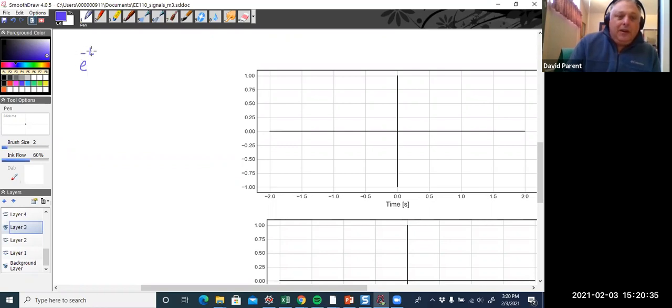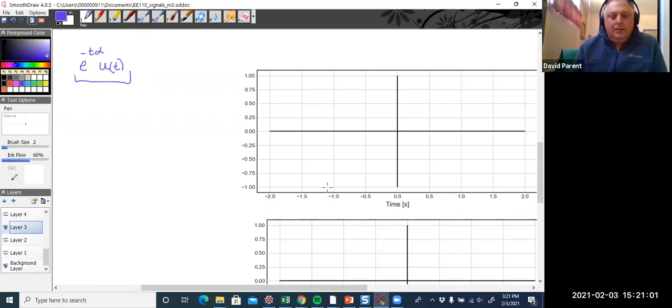All right. But so we have e to the minus t, but we can have a scale factor here. We have e to the minus t, but we multiply it by a step function. And we're going to find that for our analysis tools that we use, everything is multiplied by a step function.